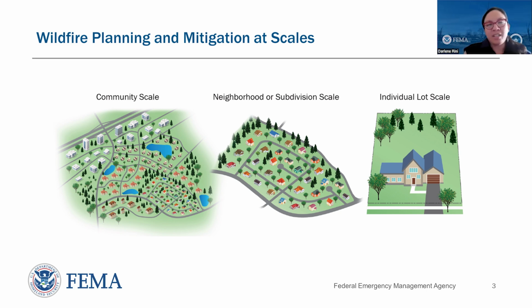As with any type of wildfire risk mitigation, or even understanding the wildfire challenge in the built and natural environments, we really need to be thinking about planning and mitigation at various scales. That ranges from the individual lot scale or building parcel level, up to the neighborhood or subdivision scale, and then more broadly to the community scale and even regional scales.